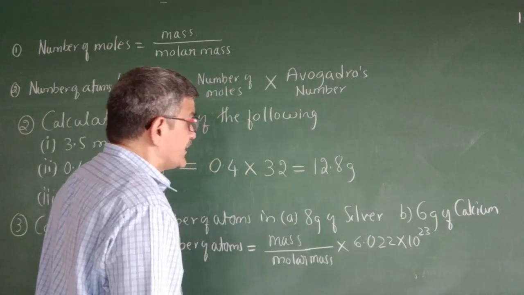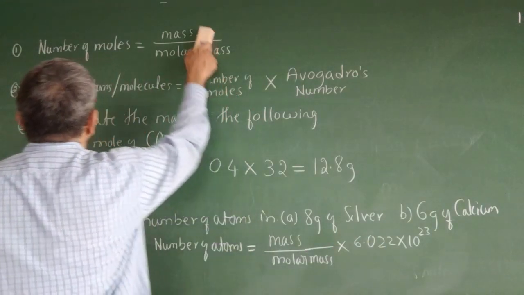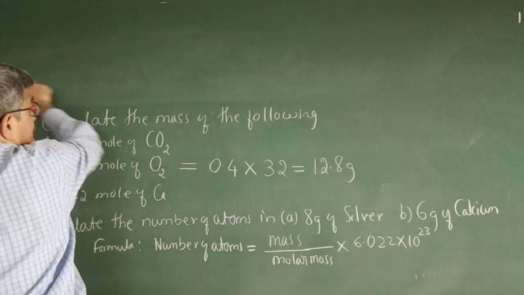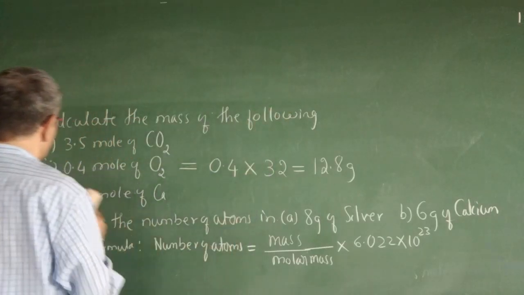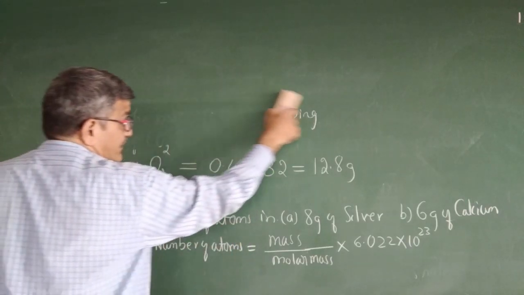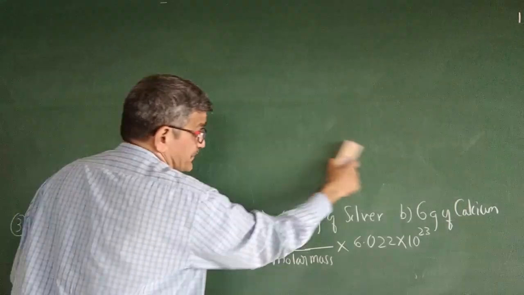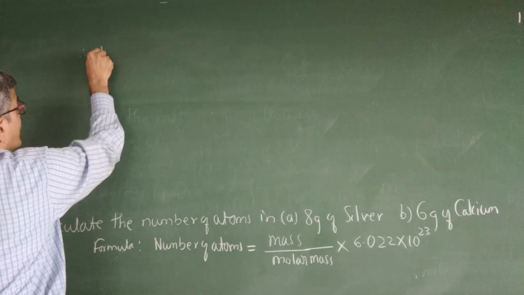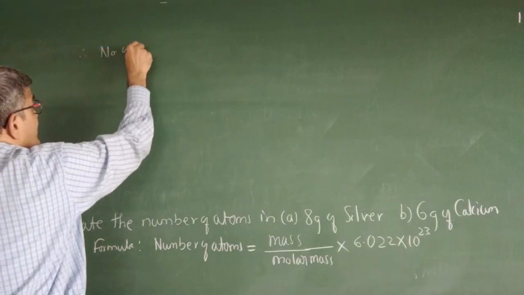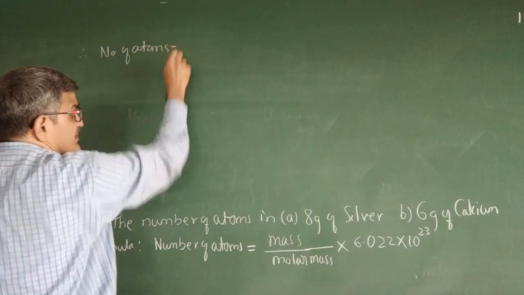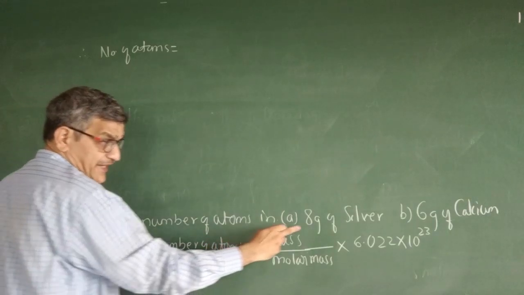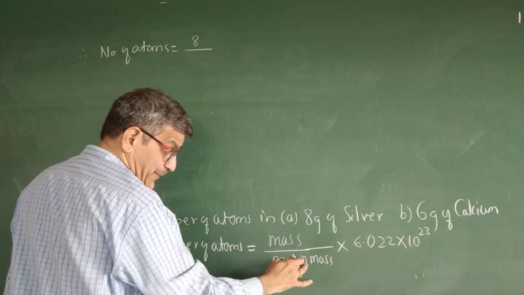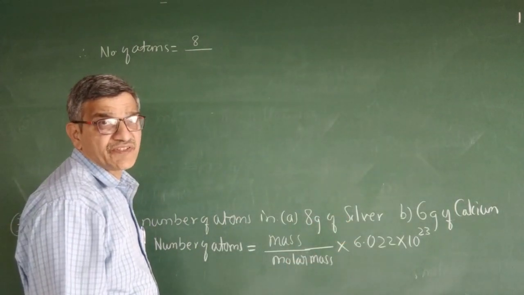Okay. Now I substitute the values. So therefore number of atoms equal to mass. Mass is put there, 8 gram, so 8 divided by molar mass of silver. Molar mass means atomic mass.